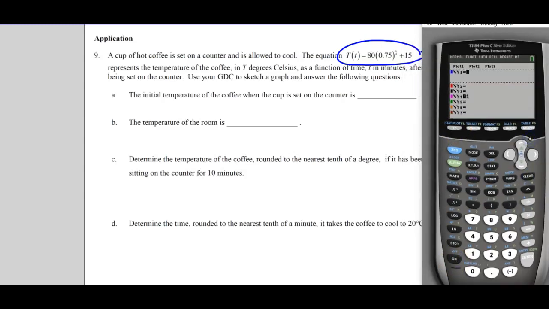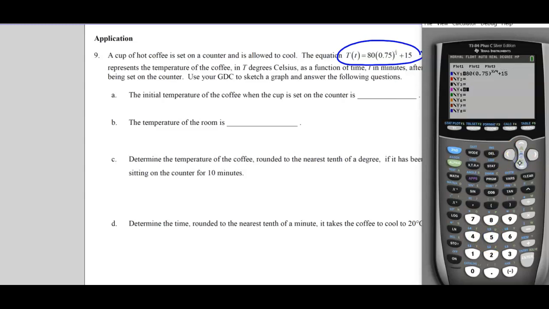Okay, so 80. If you have a fraction, you can use the fraction t, or you can go x for t divided by 4. That's good eyesight. Okay.